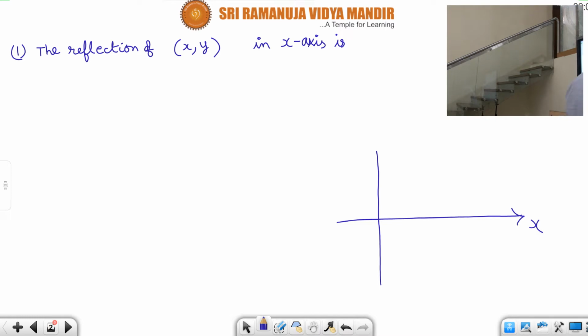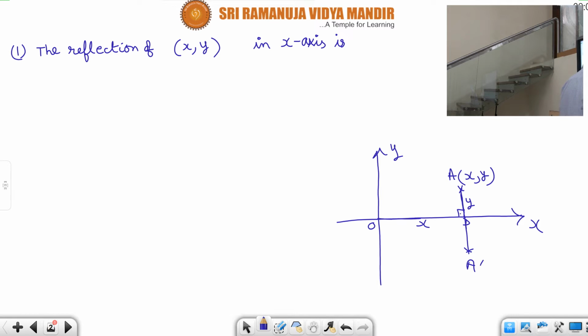This is x-axis, so this is y-axis. Suppose this point is x comma y, origin. Here you drop a perpendicular. So OP is x and PA is y. So reflection means perpendicular to the x-axis produced in the same direction. Here reflection A dash.